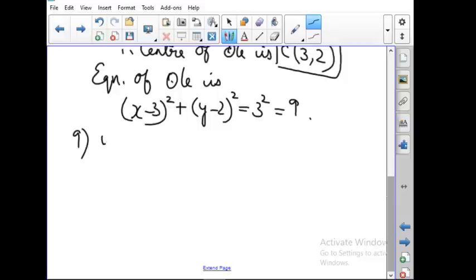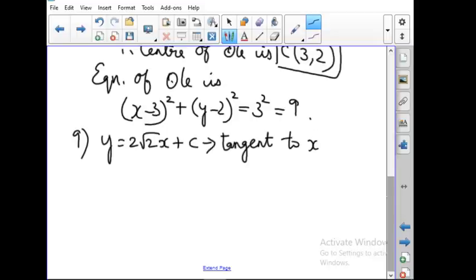Now let us go with problem number 9. If y is equal to 2 root 2 x plus c is a tangent to the circle, find the value of c. So we know the condition for a line to be a tangent to the circle.